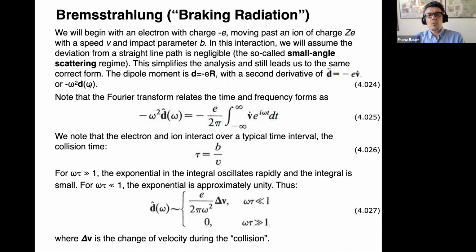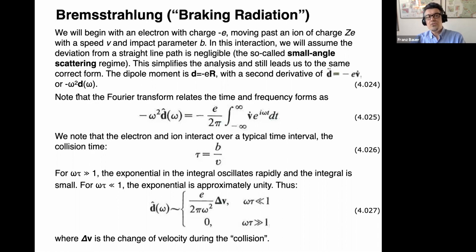So we will start with the fact that we have a dipole moment of the system, and the dipole moment is just related to the charge and this distance. We can take the derivative of the dipole moment, and the double derivative will be equal to the charge times the acceleration, the derivative of the velocity.